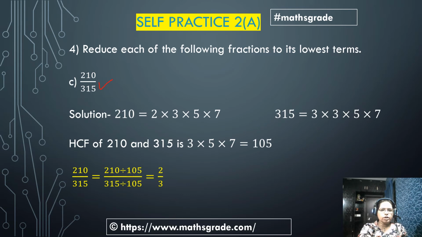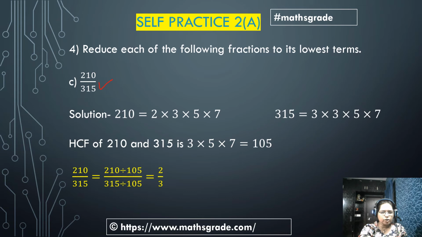We know when we reduce a fraction to its lowest form, first we have to find the highest common factor and divide the numerator and denominator of that fraction by it. The fraction we get is the lowest form of that fraction. So first find the prime factors of 210.